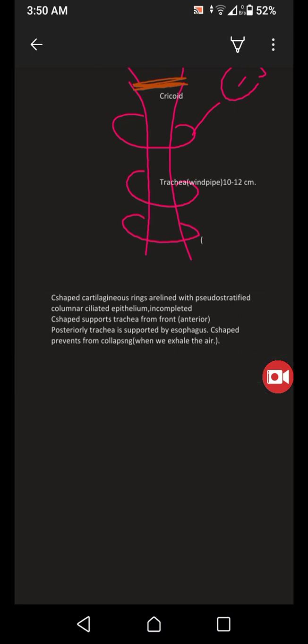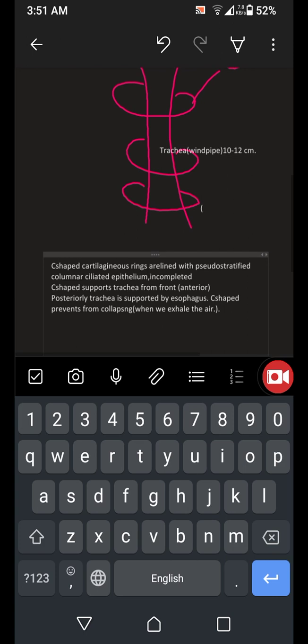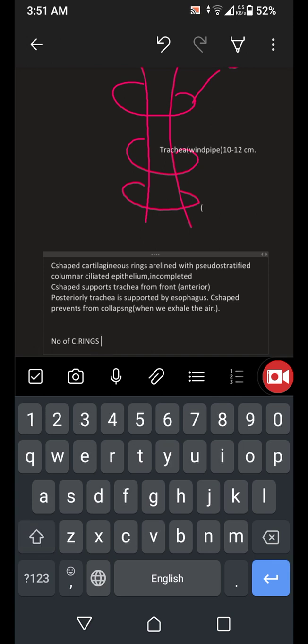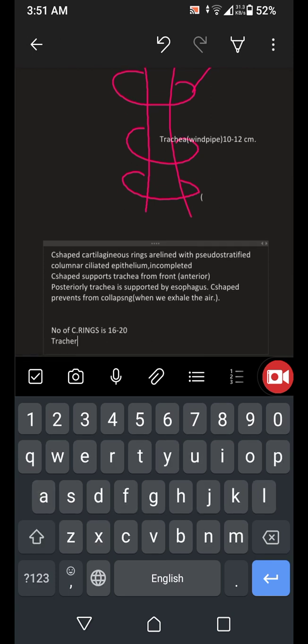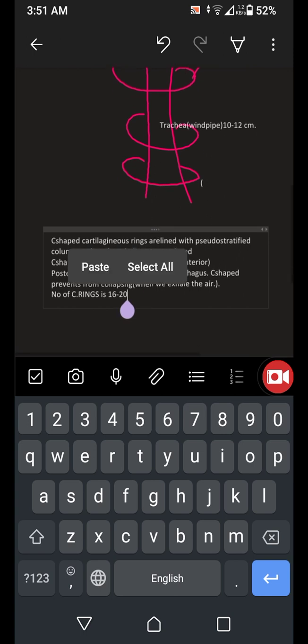Okay. Then the number of cartilaginous rings is basically 16 to 20.